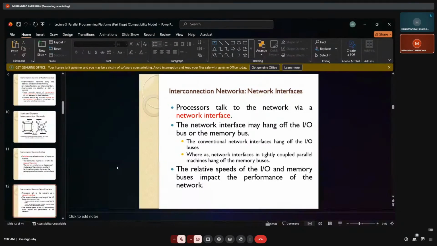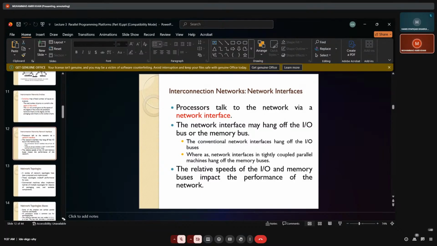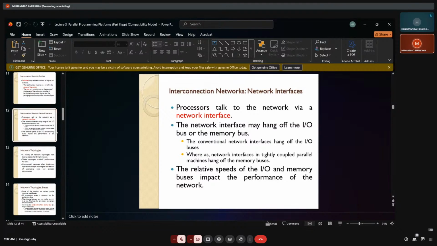The relative speeds of the input-output and memory buses impact the performance of the network. Definitely, if we have high-speed links the cost will be high, but ultimately we can get good performance. This is all about network interconnection or the network interface.